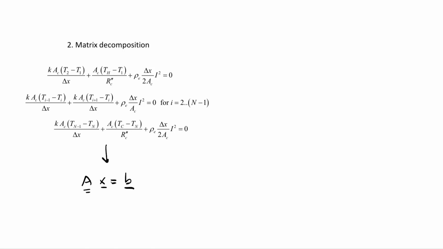For this, we're going to say A_ij, that's the ith row and jth column of this A matrix. That's going to be the coefficient in equation i that multiplies unknown j.